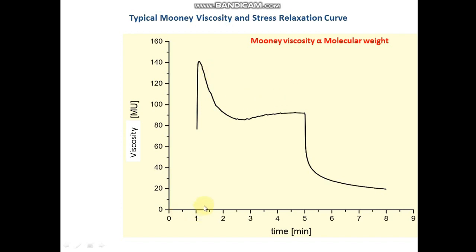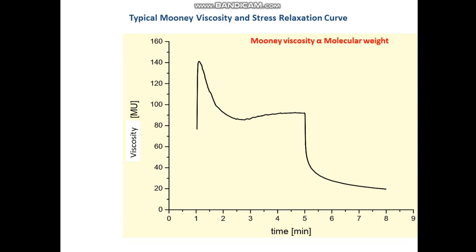Measuring of Mooney viscosity of rubber will start at the first minute. That means we give 1 minute for our rubber sample to get heated. We put our rubber sample into the cavity which is heated up to 100 Celsius. Where does this 100 Celsius come from? According to the standard, we perform the Mooney viscosity determination at 100 Celsius.